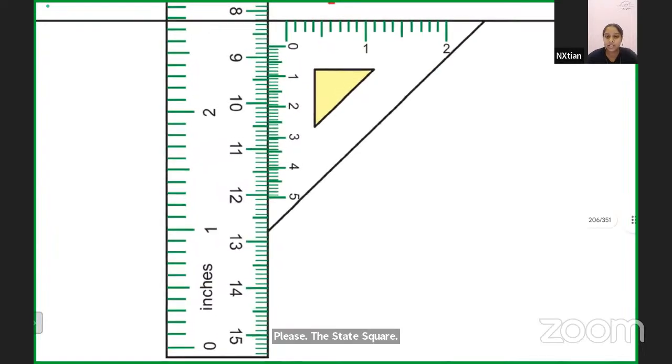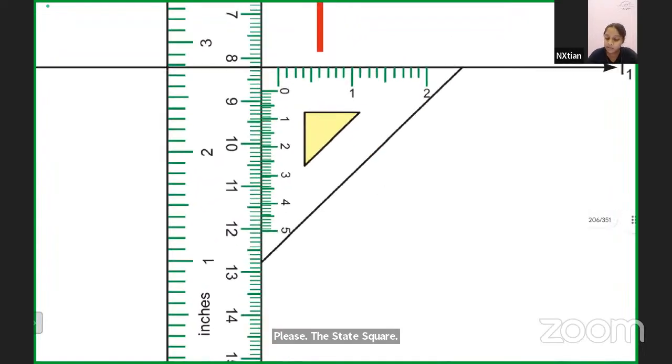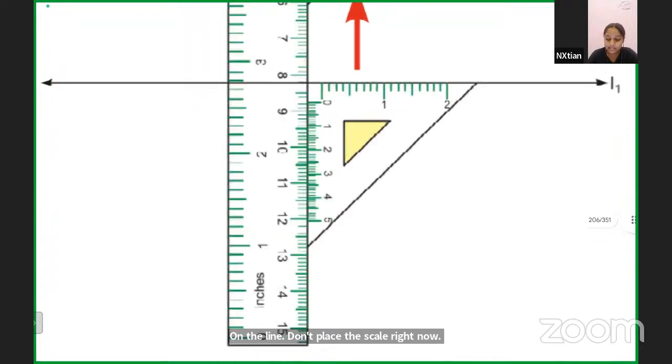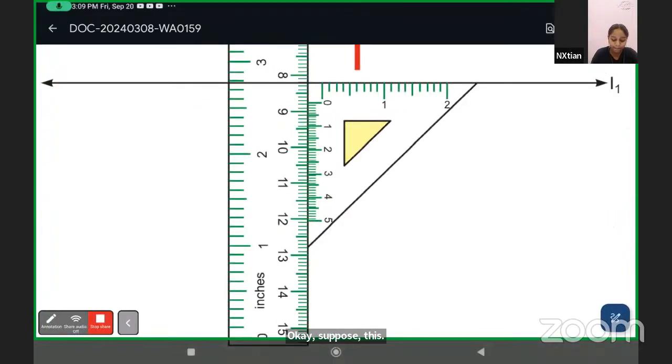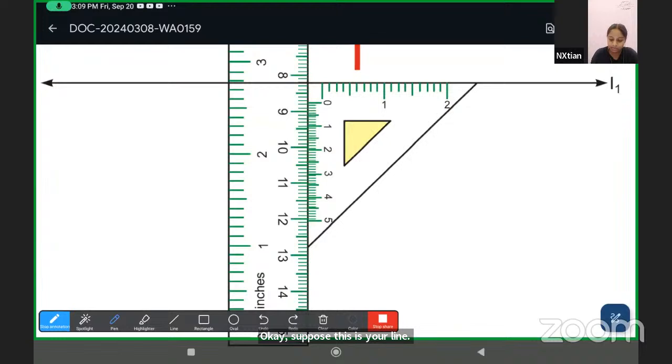Don't place the scale right now. This is your line L1. Place the set square like this on the line L1. Yes, ma'am.